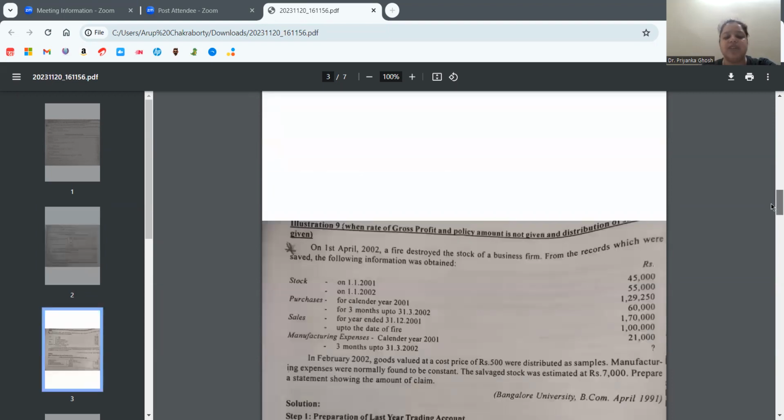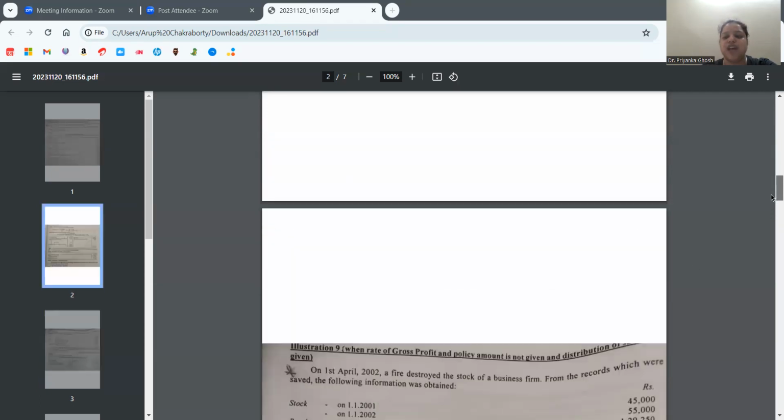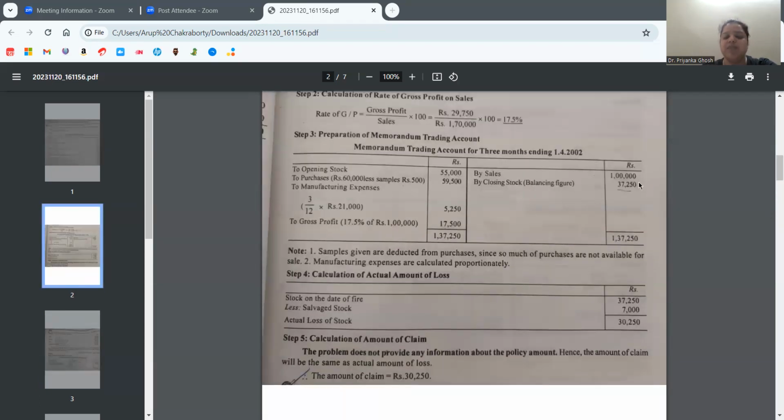The calculation is 21,000 into 3 divided by 12. So for 3 months, the manufacturing expenses we got is 5,250. Now, as per the question, the sales up to the fire is 1 lakh. So that also we have recorded here, 1 lakh.